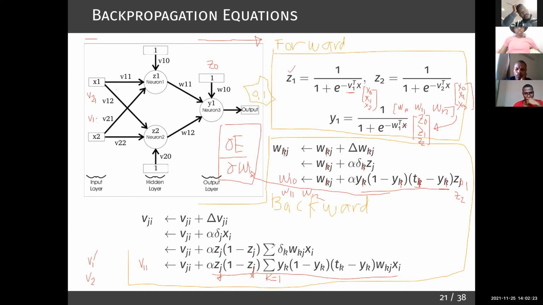For our case, we can disregard the summation because K is equal to 1. So just compute it directly like that, and that's it. Substitute. No issue. We concentrate only on this architecture. Don't think about other things. I just want you to understand this architecture only.